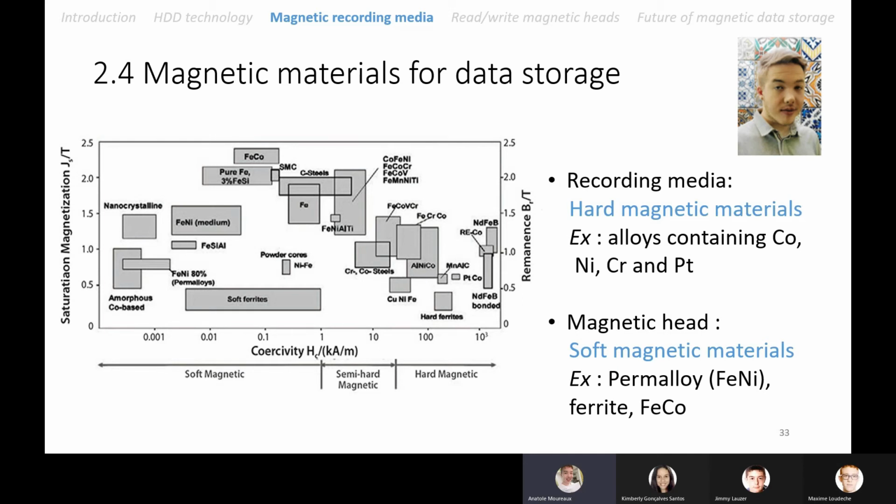Indeed, a high anisotropy and a high coercivity usually go hand in hand, yet we know the higher the coercive force, the harder it is to demagnetize the material. So we'll use what we call hard magnetic materials. Some examples of commonly used alloys are the ones containing cobalt, nickel, chromium, and platinum.